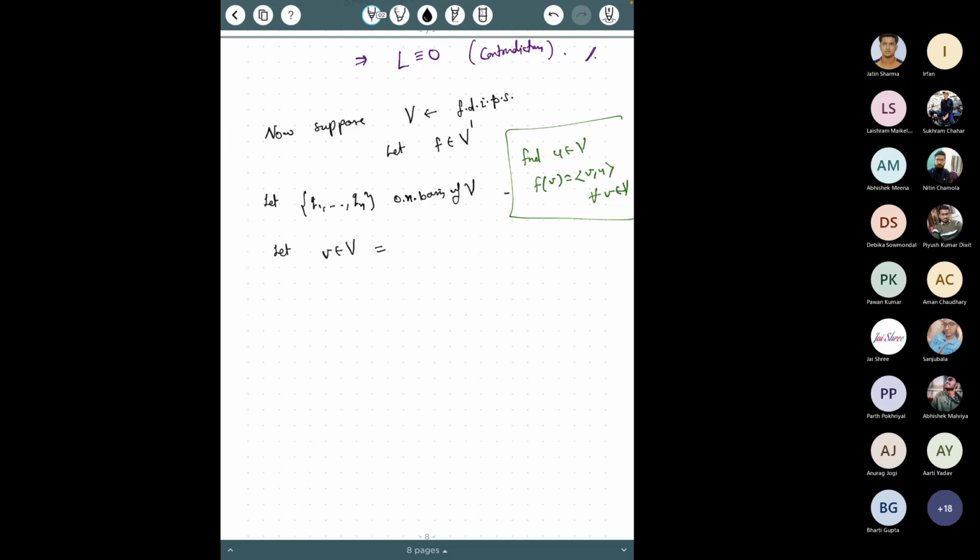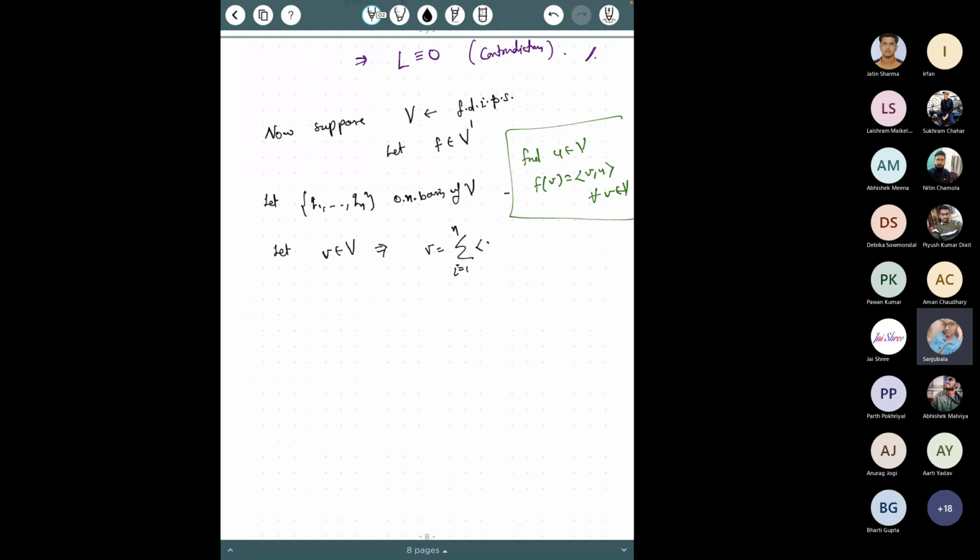Can you tell me what would be v if I want to write this v in terms of the basis vectors q1 to qn? What would be this vector v? Summation i equals 1 to n, inner product of v with qi times qi.